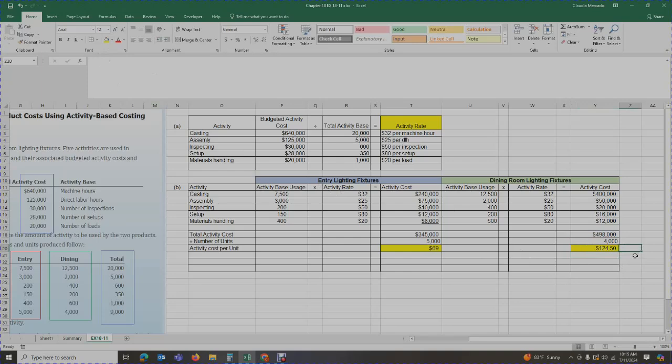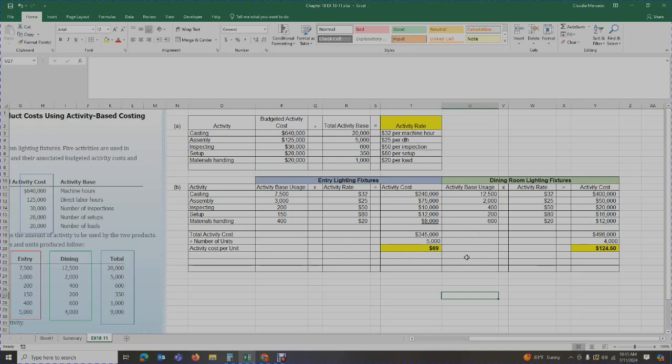So we can observe that producing the dining room lighting fixtures is a lot more expensive than producing the entry lighting fixtures. So now we can identify the costs associated with each of the activities and how those transfer down to calculating the activity cost per unit.